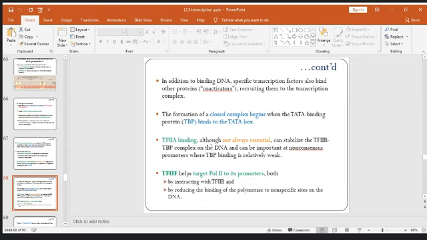And the TATA factor 2A ደግሞ it can be used to stabilize the transcription factor 2B na TATA binding protein complex on the DNA, and can be important at non-consensus promoters where TATA binding protein binding is relatively weak.